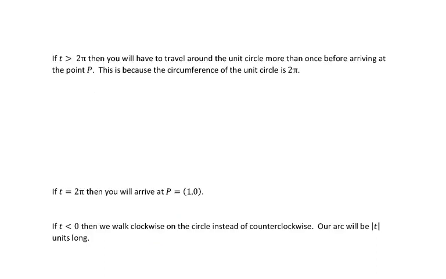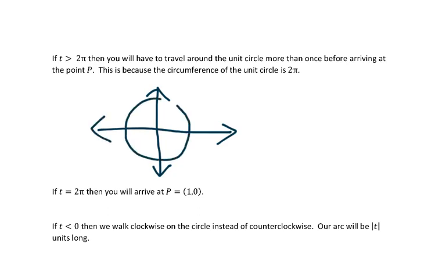Now, let me just say this. If T happens to be greater than 2 pi, well, this is still going to work. What's going to happen, though, is this. You're going to travel the entire unit circle if T happens to be greater than 2 pi. So if you start here, and T happens to be greater, you are going to walk around the unit circle at least one time.